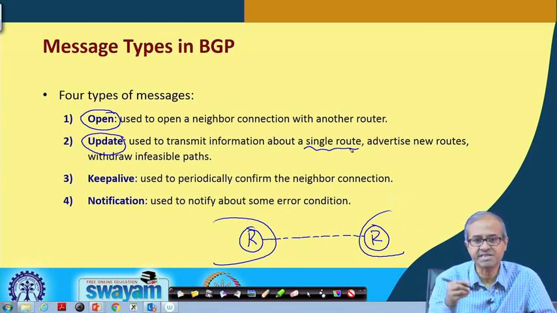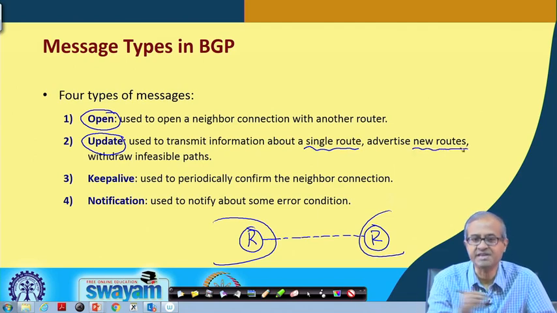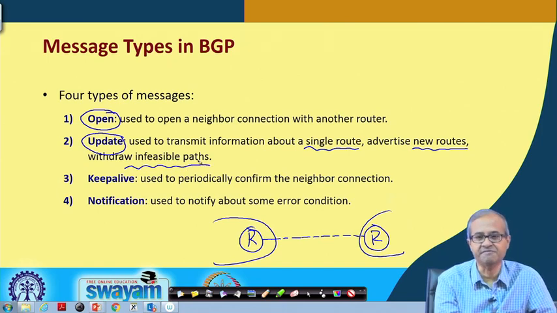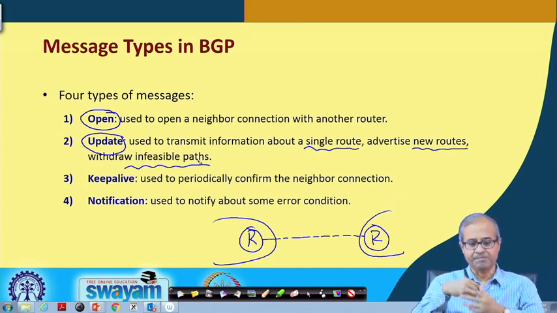Some new routes which are created, maybe a new link is established, some new router connections have been established, so some new routes will come up, that kind of information is also shared. And of course, some of the paths may become infeasible because some of the links are too slow, or maybe some link has gone down, that information can also be sent using these update messages.